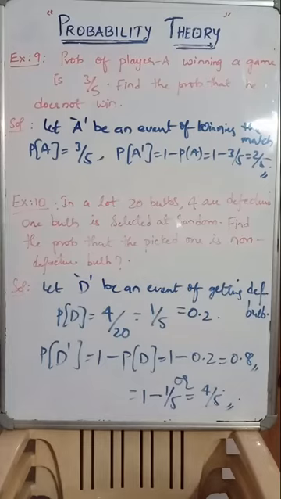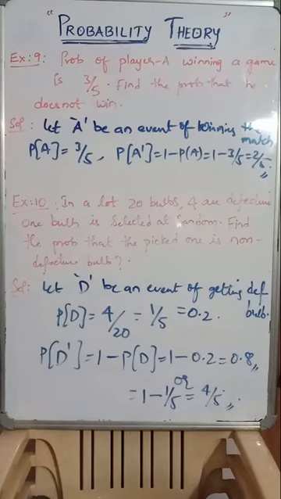Clear, guys? So a very simple question. Out of 20 bulbs, 4 are defective. So what is the probability of getting defective bulbs? 4 by 20, nothing but 1 by 5, 0.2 in terms of decimals. And then the probability of getting non-defective bulbs is asked. Find the probability that the picked one is a non-defective bulb.